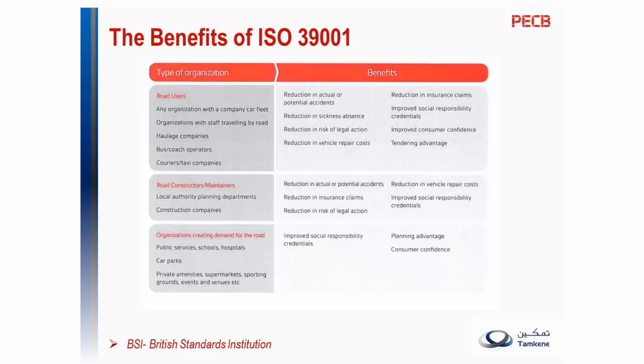For economic, it will lessen the insurance claims, sick leave, legal action, and vehicle repair, and also improve your consumer confidence, tendering advantage, and improve social responsibility credentials. So in summary, the ISO 39001 would lead to a more efficient and more responsible organization as far as road traffic accidents are concerned.